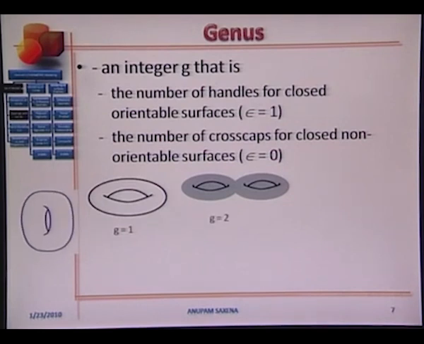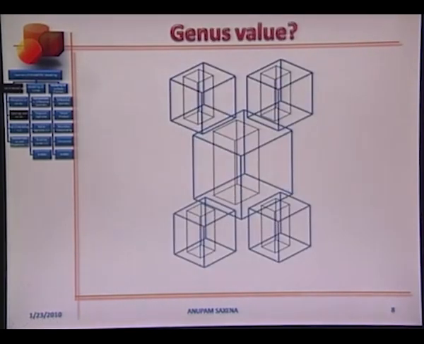For a double torus, since there are two handles, each torus can be transformed into a coffee mug. The genus value, or the number of handles, is 2. Question: what do you think would be the genus value for such a solid?